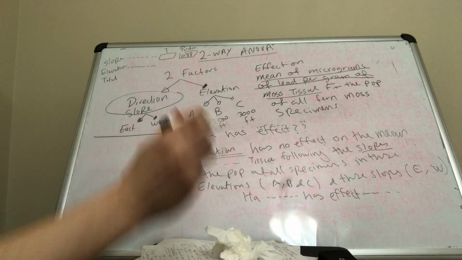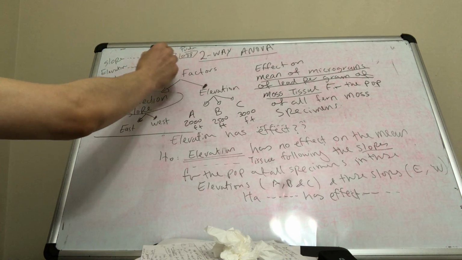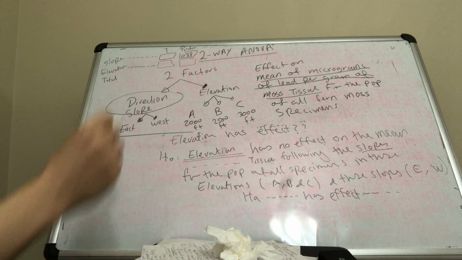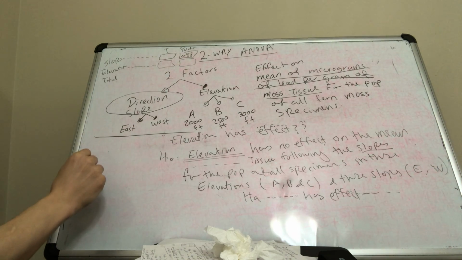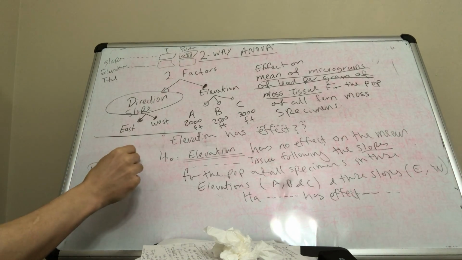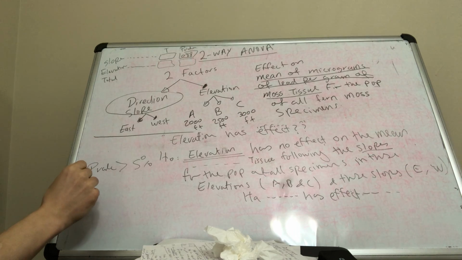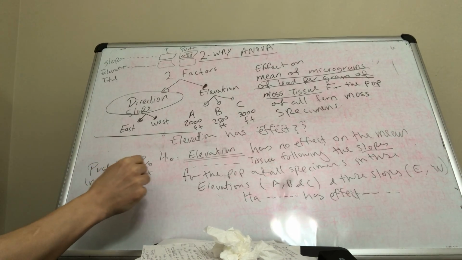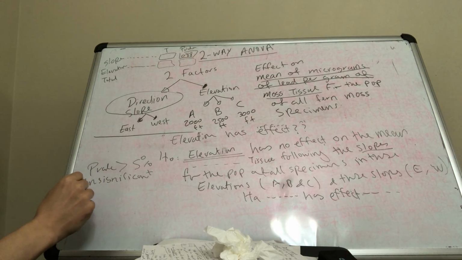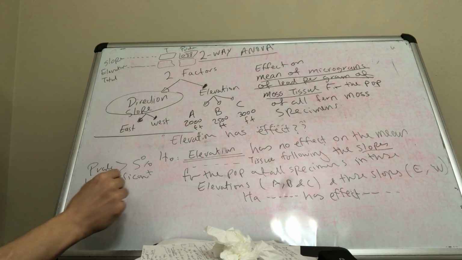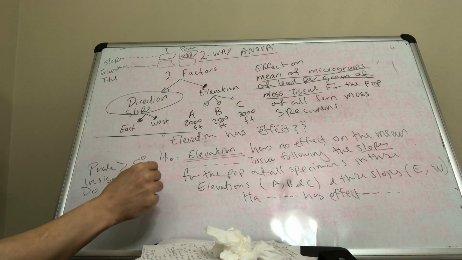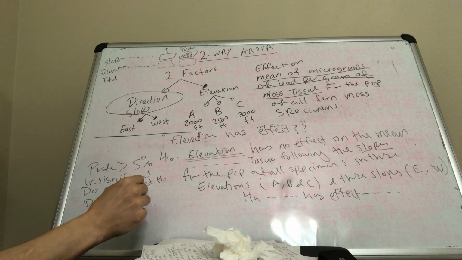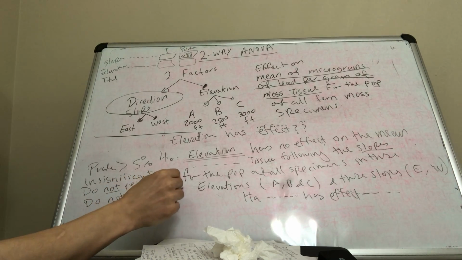Now, to make the conclusion, you look at the p-value for elevation. And the p-value for elevation was also more than 5%. So again, it's insignificant, and do not reject, do not conclude HA.